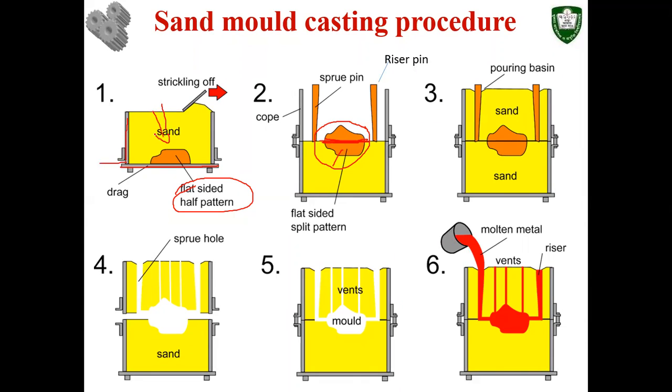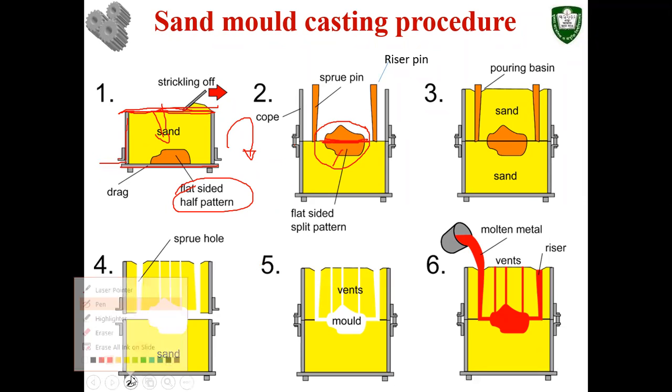You do the ramming, that means packing the sand, and then finally strickling off, so that the surface becomes straight. You take the extra sand out to make the surface straight, and then you turn it upside down again. That means this drag was at the bottom, now it will be at the top, and the first half is complete.